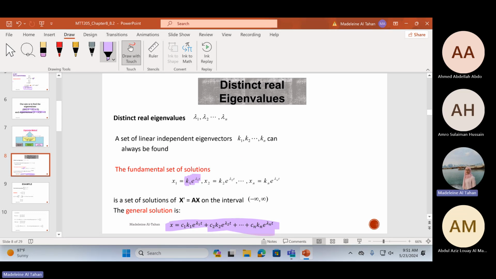Now, how do we know that this is our only solution? This is the general solution, and I cannot find more. Our solutions will be independent. These are the only independent solutions that we have.